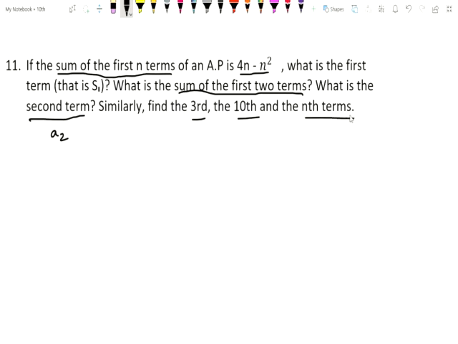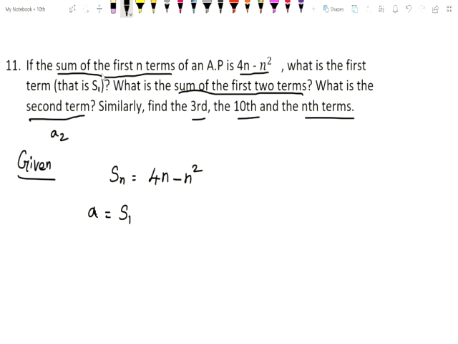So here Sn is given. What is given? Sn equal to 4n minus n square. First we are going to find the first term. So the first term, represented by A, equal to S1, the sum of the first term.